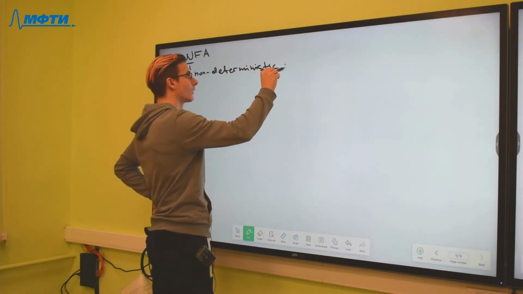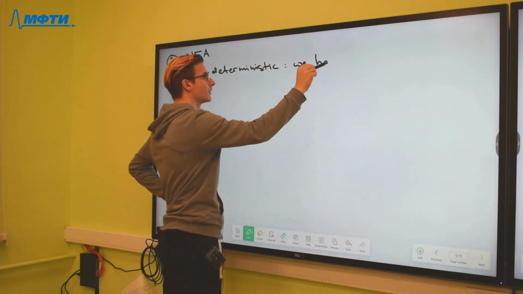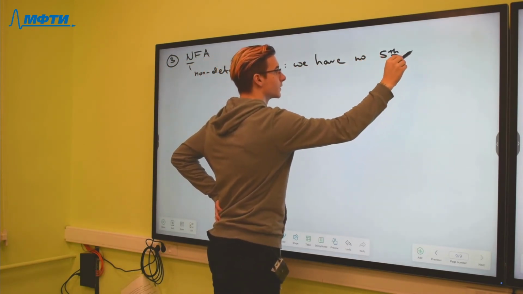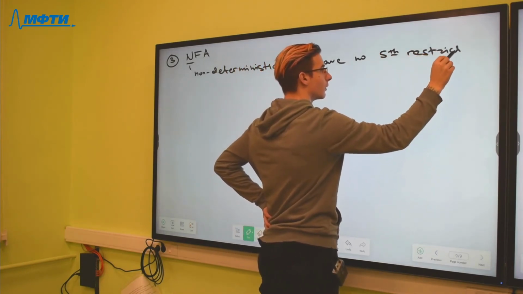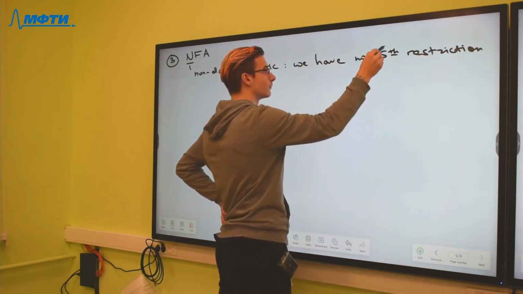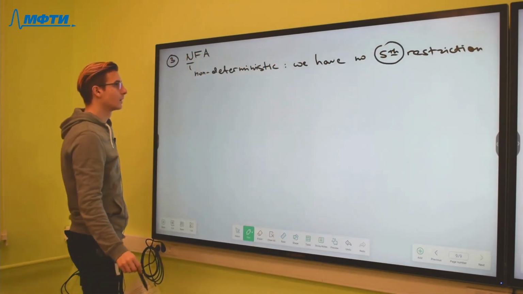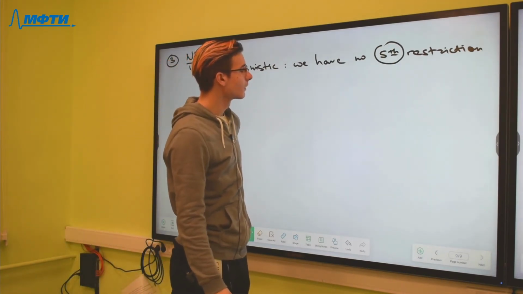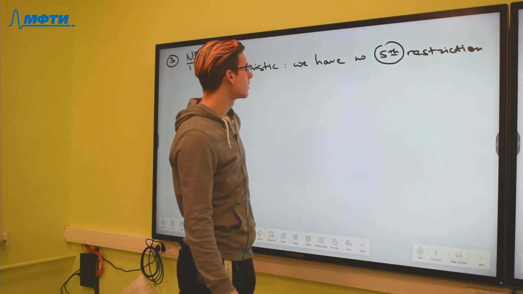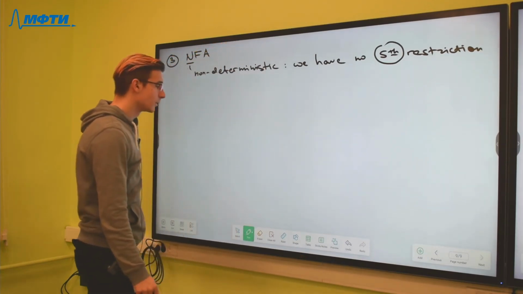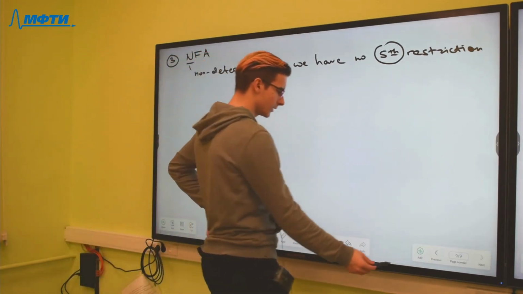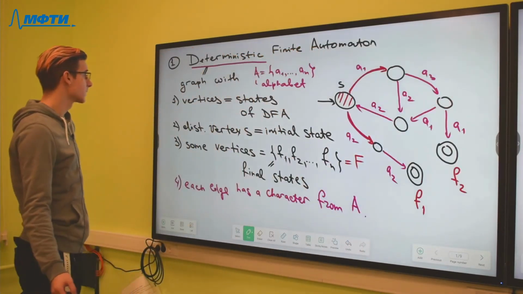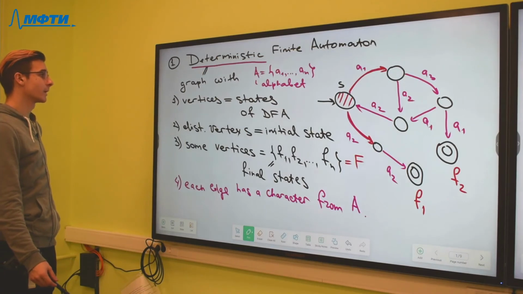we now have no such restriction, and the other properties that I write here in this slide are equal for NFA.